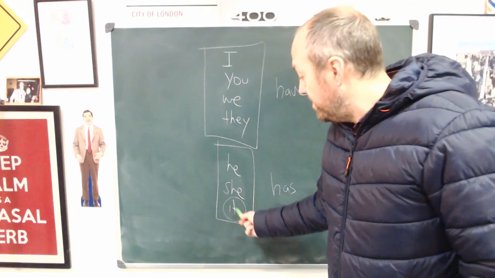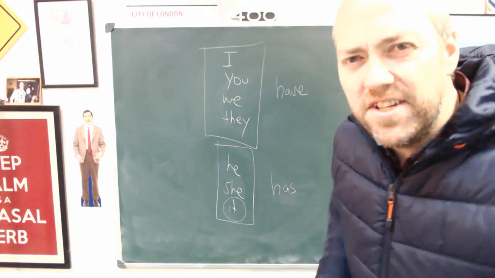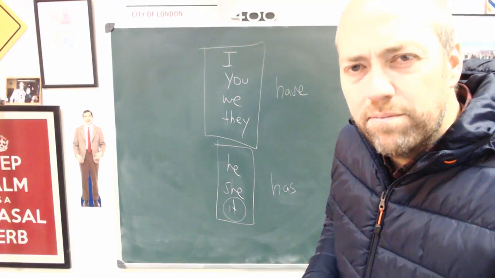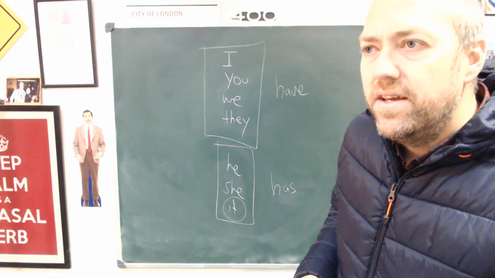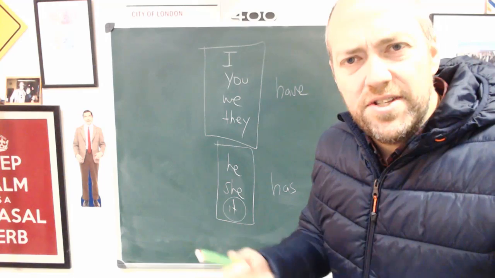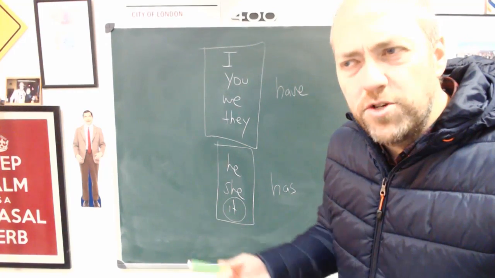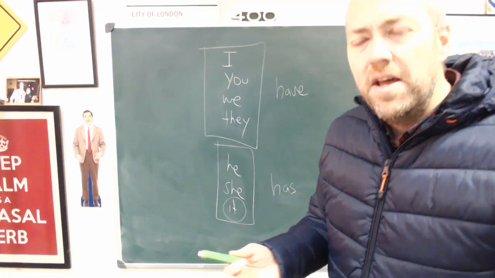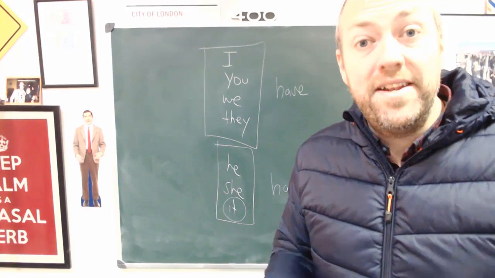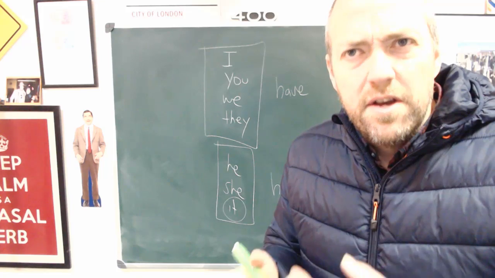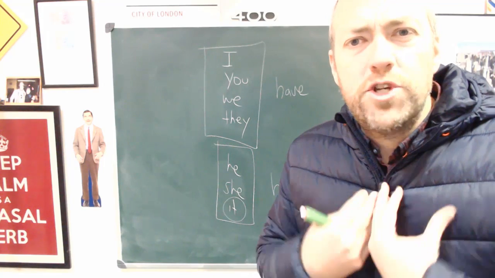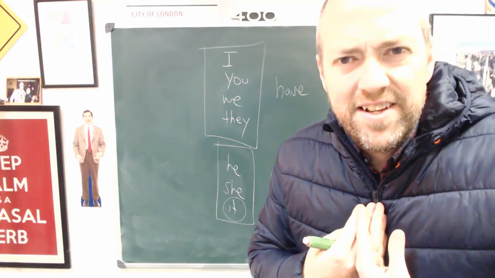Now, it is a very interesting pronoun, right? It. Because some people say that it is for animals or for objects. But actually, it really depends. We use it for things for which we have no emotion.